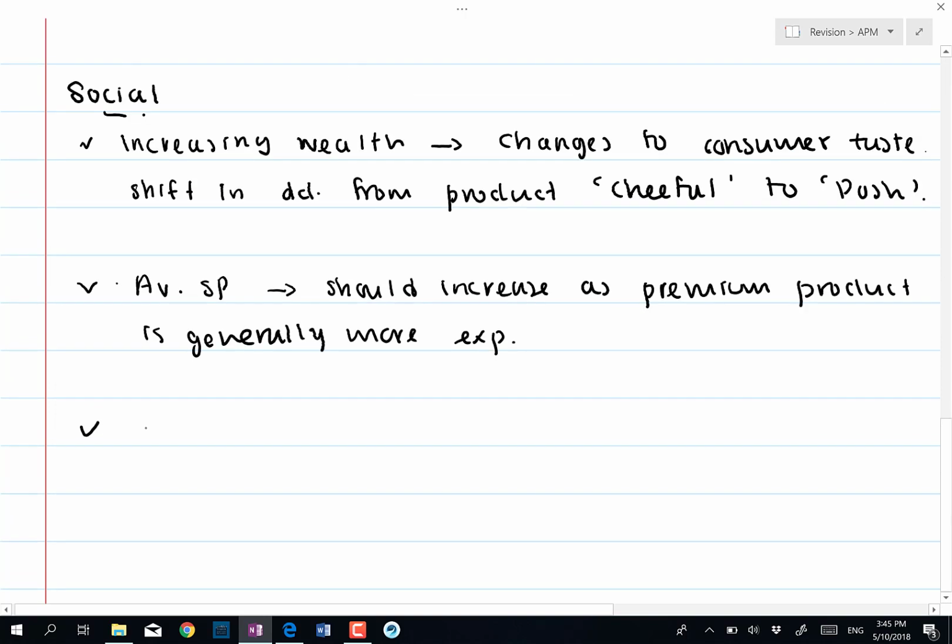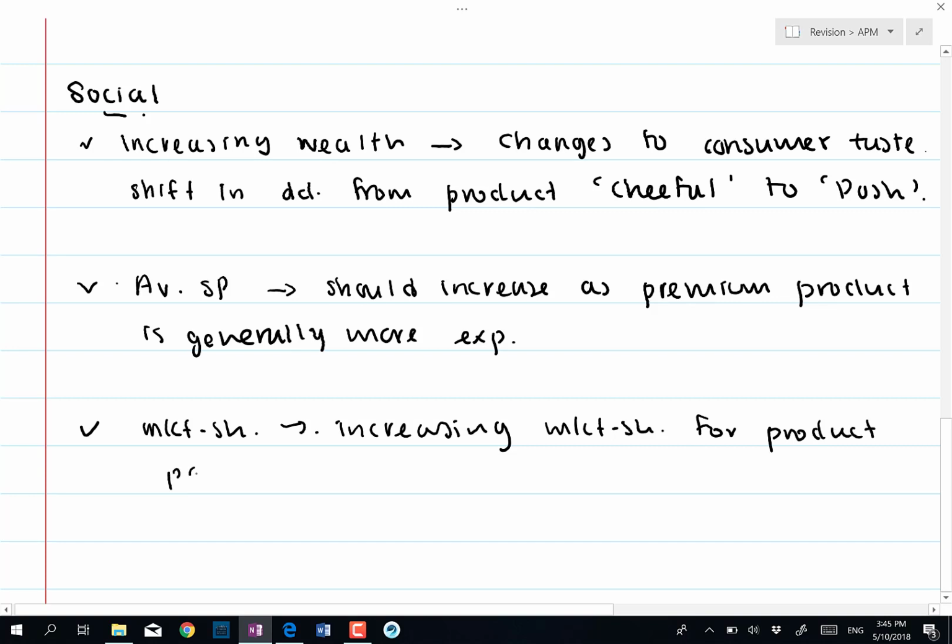Another KPI which may be relevant is market share. So we can observe that there should be an increasing market share for product Posh as customers start to switch to premium product with their increasing wealth, and a decline for Cheerful.